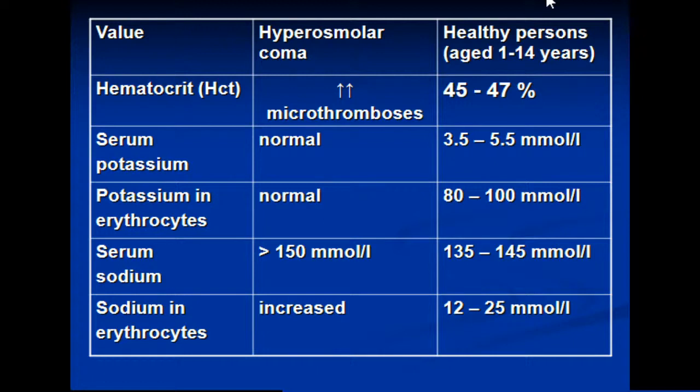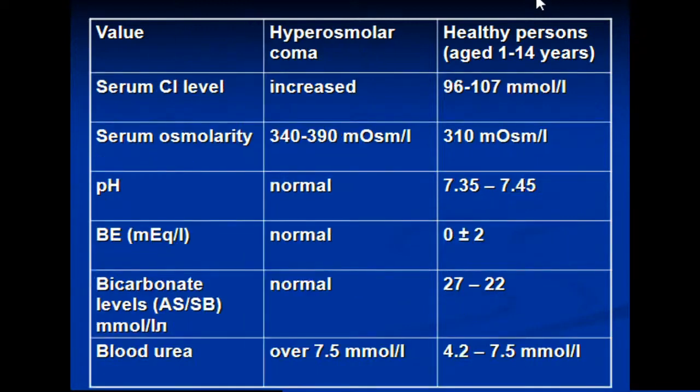Serum sodium more than 150. Sodium in erythrocytes also increases. Serum chloride levels increased. Serum osmolarity also increased, 340 to 390 milliosmol per liter. pH is normal. Buffer capacity is normal. Blood urea over 7.5; normal 4.2 to 7.5.